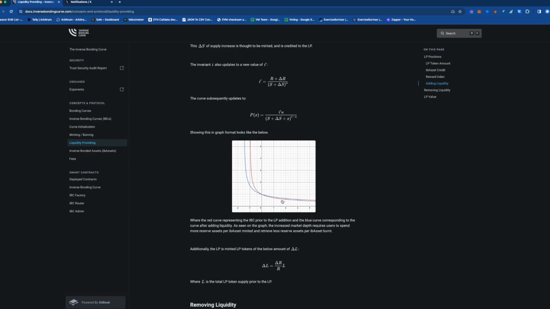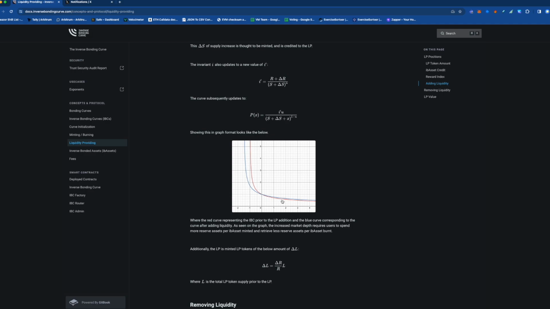If I'm early and I want to increase the cost for people to mint, then I can add liquidity, and I'll get my 25% of the fees, and I'll increase the cost of minting. I'm also decreasing the return on investment when they burn. So if I mint and then you mint and then I add liquidity, when you try to burn, you're going to get less.